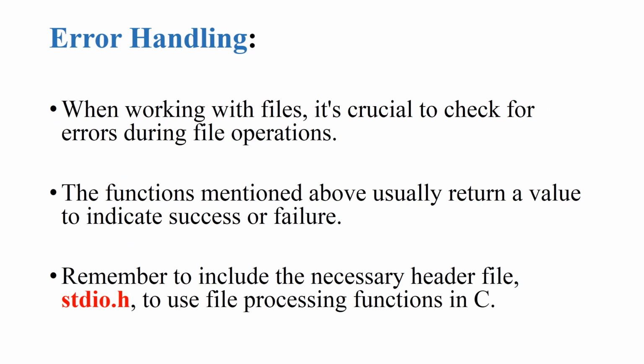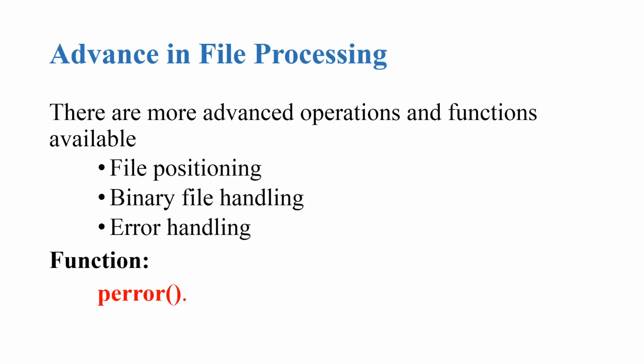When working with files, it is crucial to check for errors during file operations. The functions mentioned above usually return a value to indicate success or failure. You can use this return value to handle errors appropriately. It is essential to use the header file stdio.h to use file processing functions in C programming.